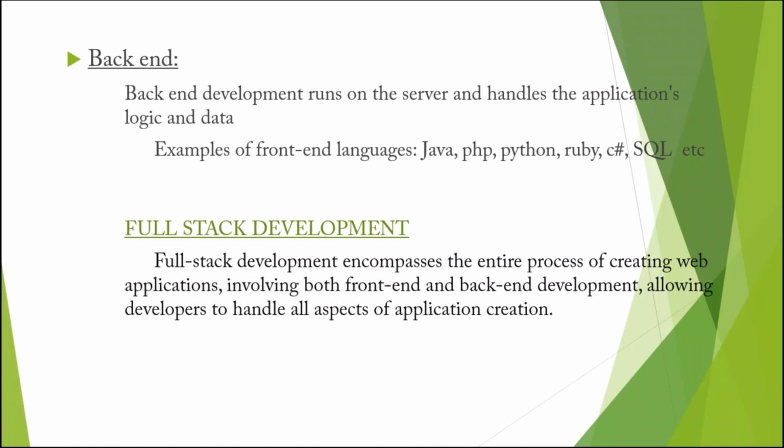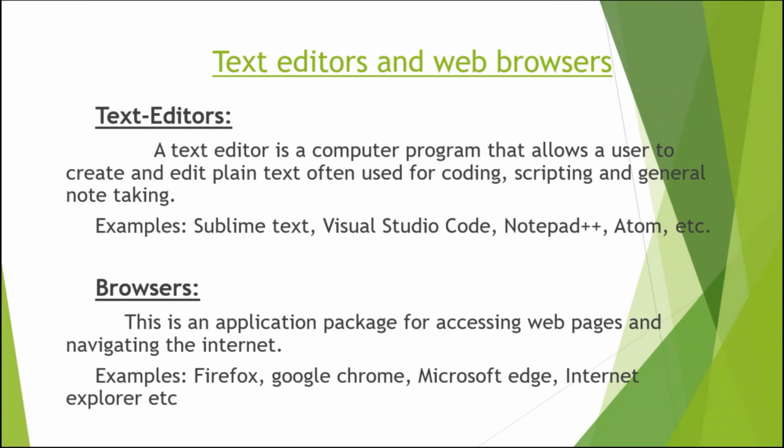What you have done is you have developed the full stack running of that application, of that program, or of whatever. So you're just going to combine both the front end and the back end. So front end plus back end equals full stack development. And full stack development allows the developers to handle all aspects of application creation.